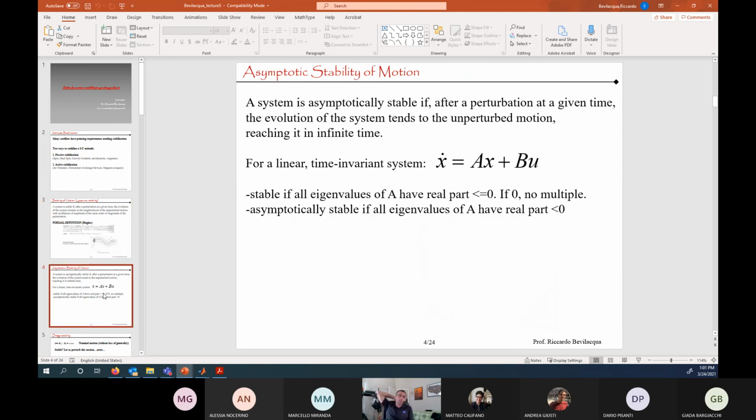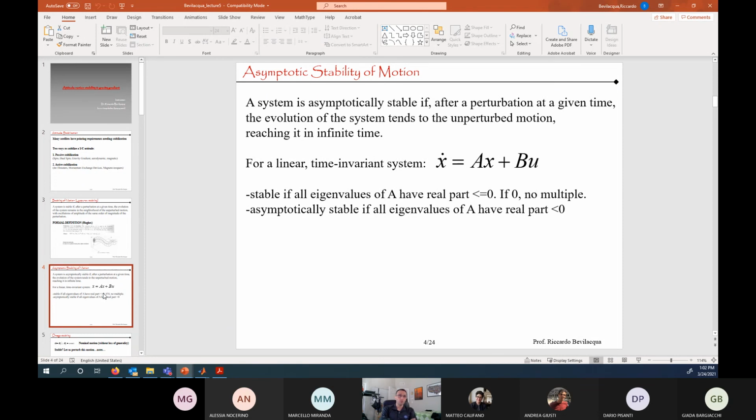And the system is asymptotically stable if, after a perturbation, it will eventually, maybe in infinite time, go back to the unperturbed motion. What really interests us for what I'm going to do next is that for a linear time invariant system, in the form presented here, x dot equals Ax plus Bu, we usually look just at the matrix A, and we say that the system is stable if all the eigenvalues of A have a real part less than or equal to 0.